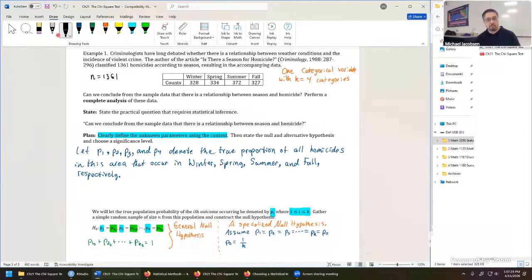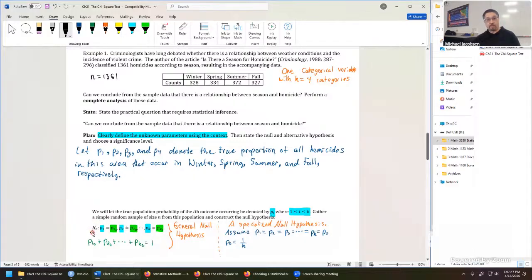Okay, well, the reading for this in the textbook is tricky because our author gives this general null hypothesis structure. We're going to use that in the very next example to show how it goes, but not all problems fit naturally in this way. We could make it work. Say P1 is equal to 1/4, P2 is 1/4, through P4 is 1/4.